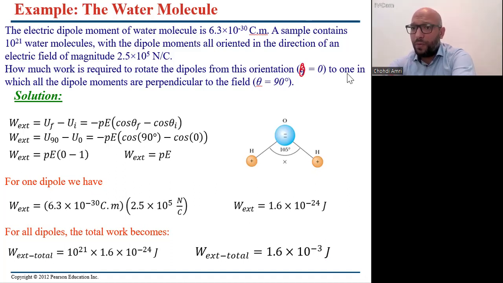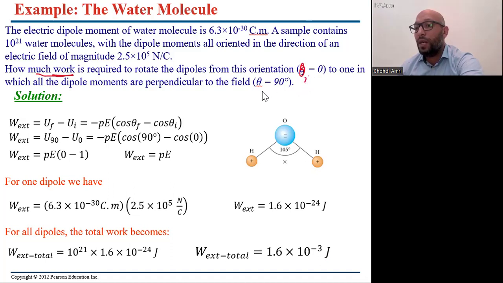As you know, we are asked about work, how much work. The work is related to the electric dipole by delta U with a negative sign. Here the work is required, so we write the external work is equal to the difference of the potential energy, and it will be equal to minus PE times cosine phi final minus cosine phi initial.